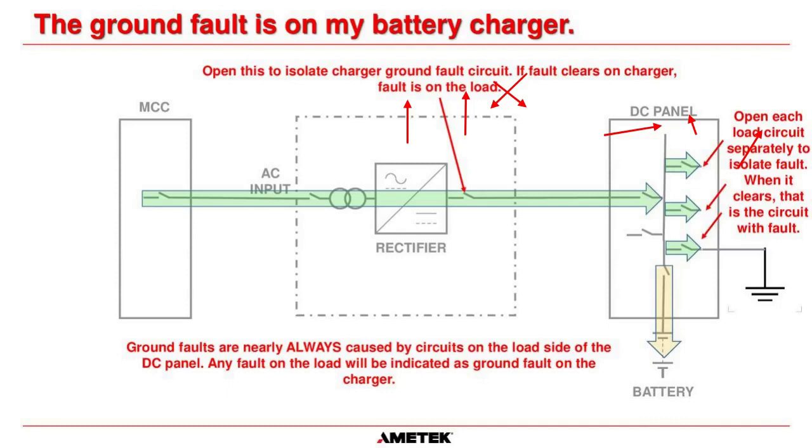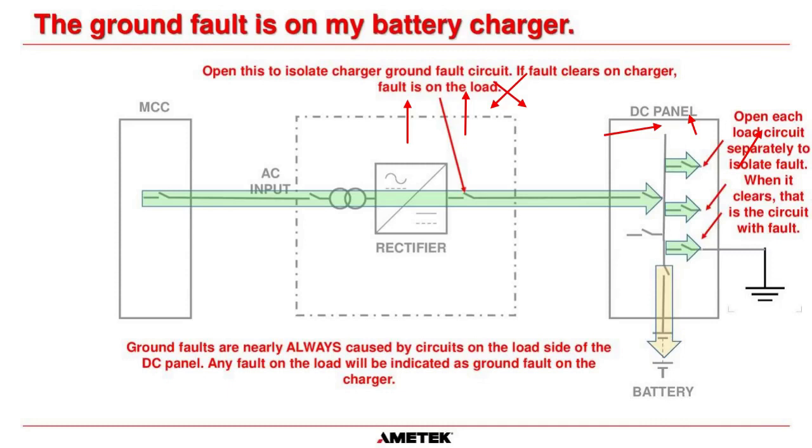Hopefully you understand that. Once you have found that the problem is on your load circuits, you have two options. You can use what's called a ground fault detection device. Megger makes a really good one. A Grouser is what it used to be called. It injects a signal down a ground fault path, and you can use a sensor to try and detect which circuit has the ground.